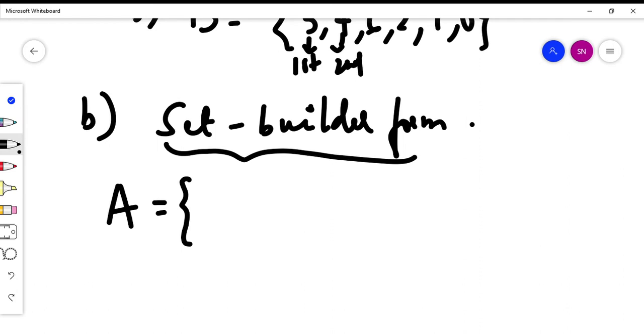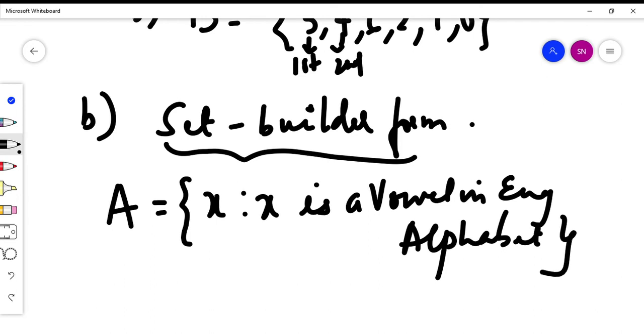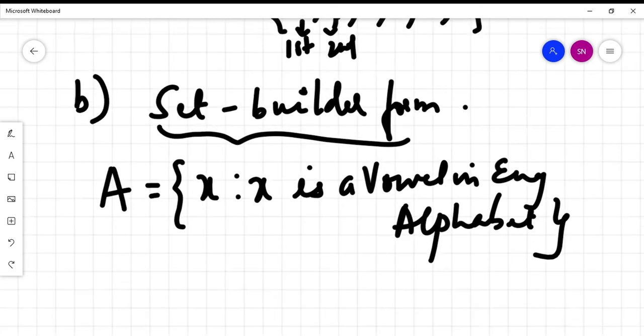If I have to write the elements of vowels, I write x colon x is a vowel in English alphabet. Now, I know it does not make any sense; you have not understood what I have written.